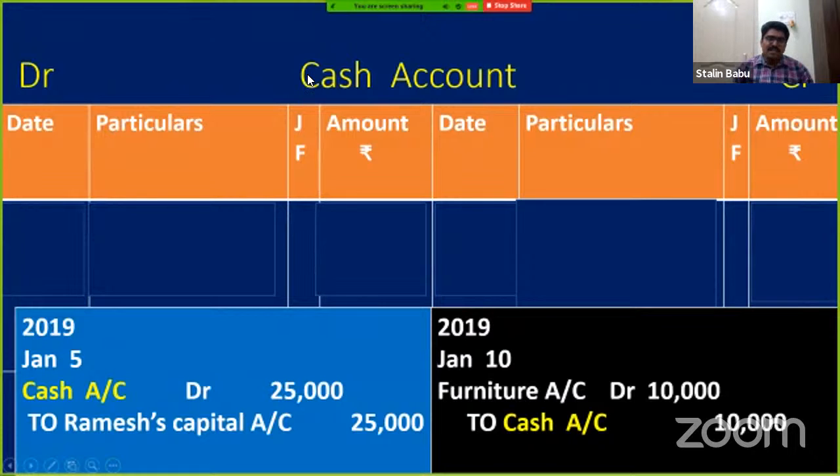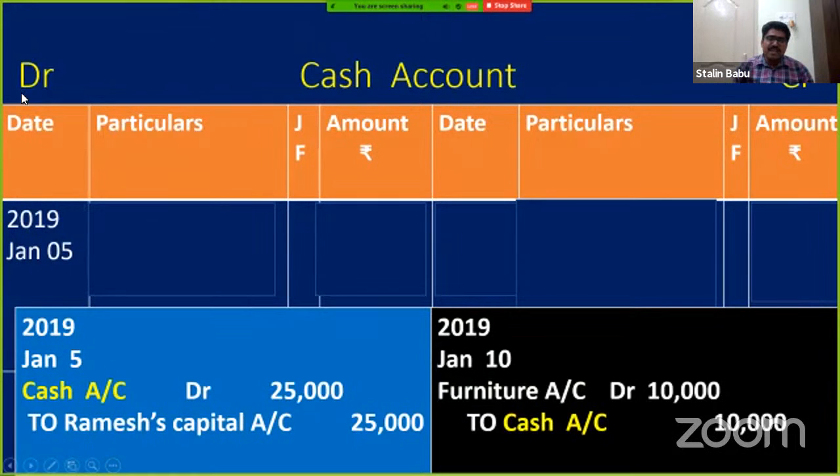We have to check whether the cash account is debited or credited in the journal entry. So in this journal entry, cash account is debited. So we have to post on the debit side. What is the date of transaction? January 5th. Write the date in the date column. So in the particulars column, we write the name of the account credited.